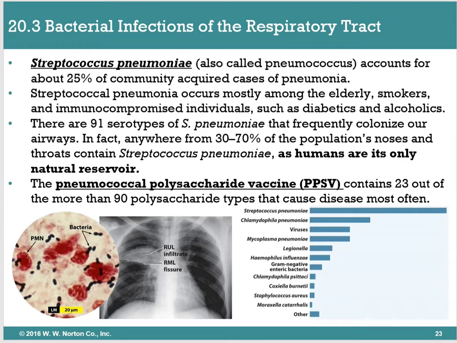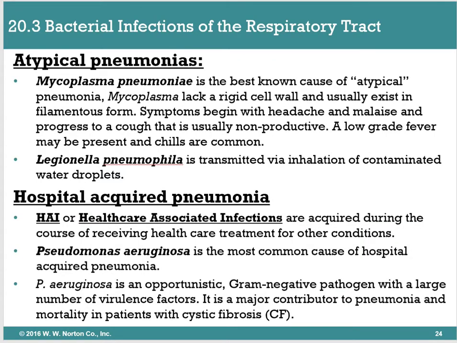Okie dokie. So just a few more slides, guys, and then we are done. Another thing on atypical pneumonia, like I said, it is commonly caused by M. pneumoniae. What makes it very different is the fact that it lacks a rigid cell wall.